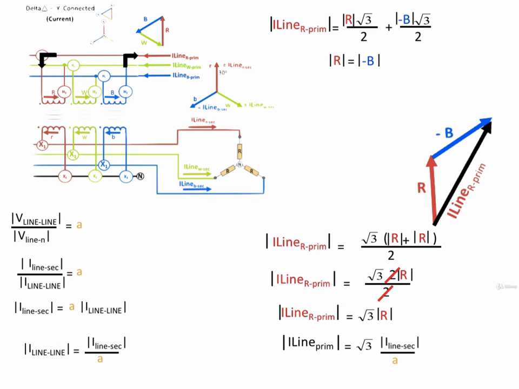That is, the primary line current is equal to root 3 times the secondary line current all over the turns ratio of the transformer.